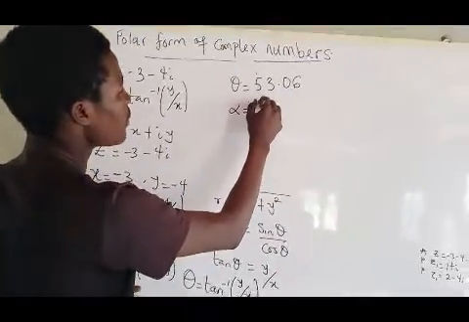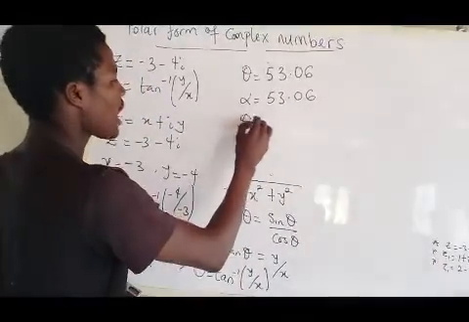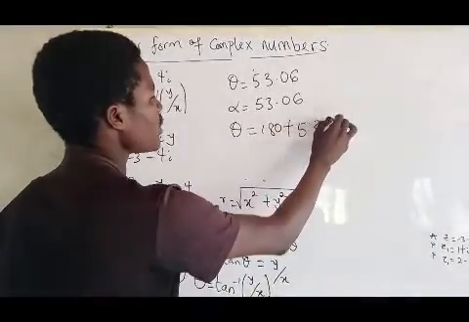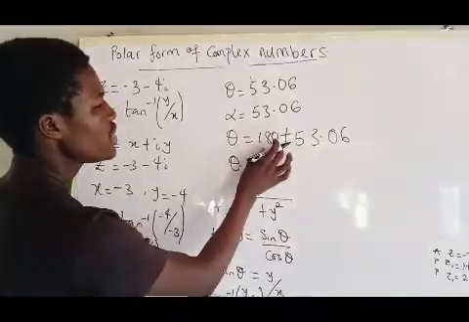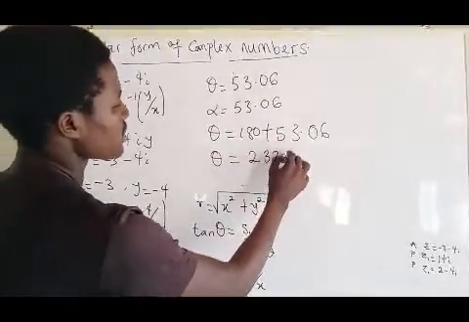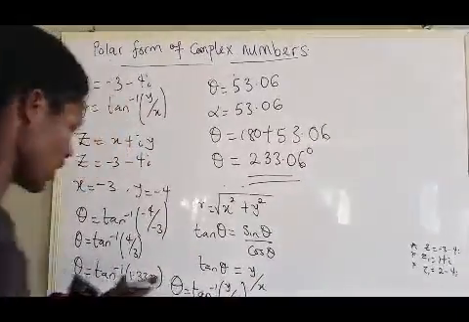So let alpha be 53.06. Your theta will now be 180 plus 53.06. If you add this to this, it will give you 233.06 degrees. So this will be your argument.